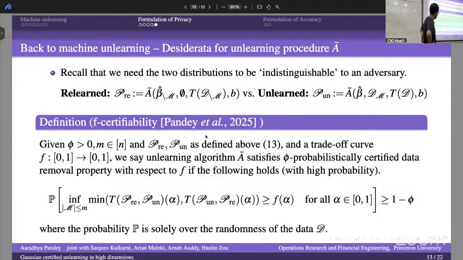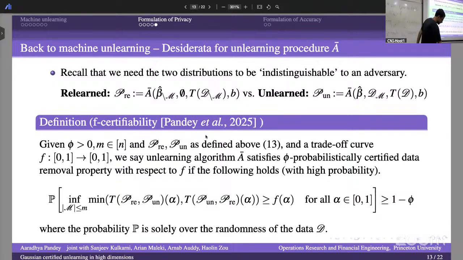Before this definition of privacy, there were essentially two definitions of privacy or certifiability in the context of machine unlearning, based on epsilon differential privacy and epsilon-delta differential privacy, which can also be written in terms of this. But the change there is that this function f won't really have a meaning; it will look like some ad hoc function.